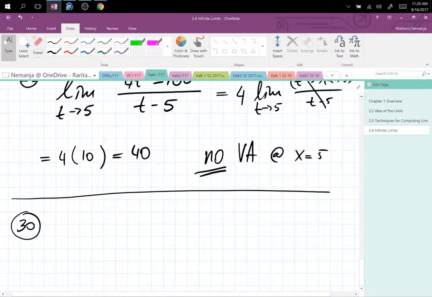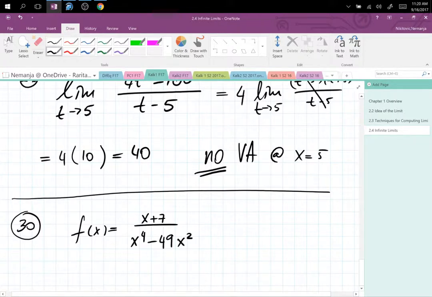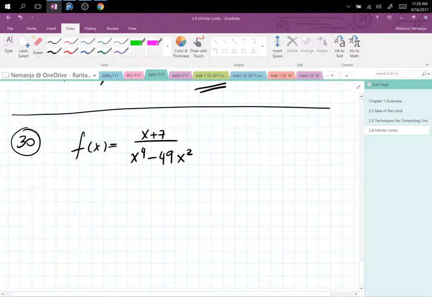This problem is over, and we are moving on to, let's say, 30, and we're done with the section. It says location of vertical asymptotes, analyze the following function, and that's it. They give you more info, but I'm not, because I'm not as nice. So here we go. X to the fourth minus 49 x squared. They want you to find all VAs.